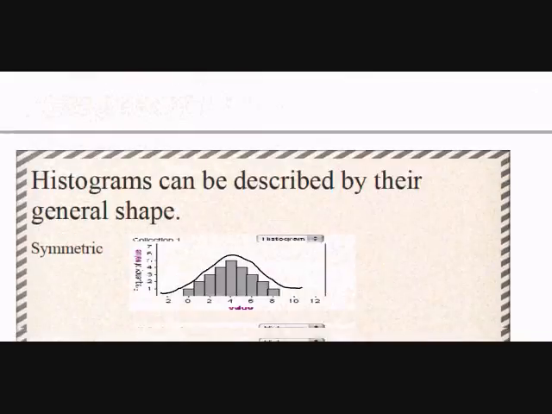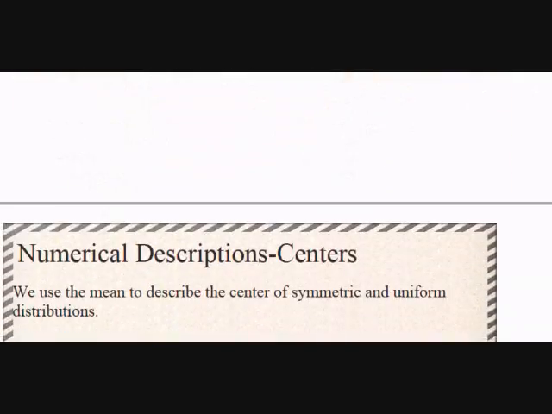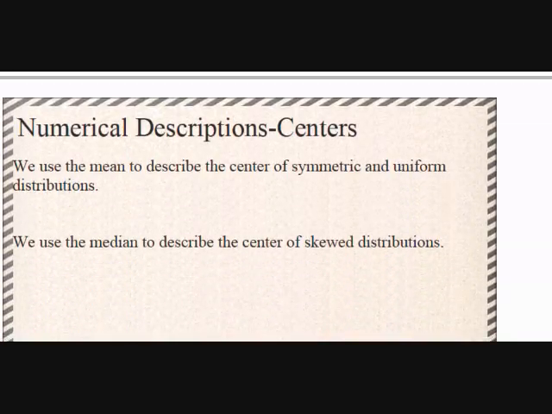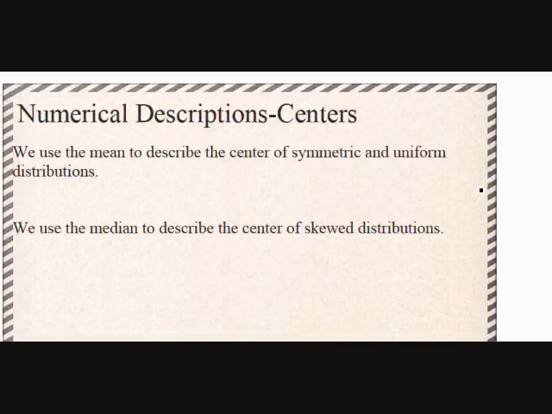Now, if the shape is symmetric or uniform, we use as the measure of center the mean. If the shape is skewed, the measure of center we use is the median. It's a better descriptor of the center of a skewed distribution.